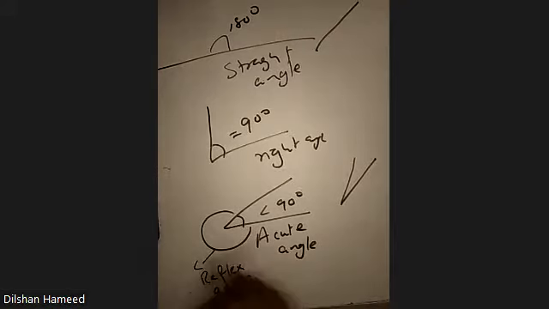So you draw it again and call that part the reflex angle. So reflex angle is the opposite of the acute angle.